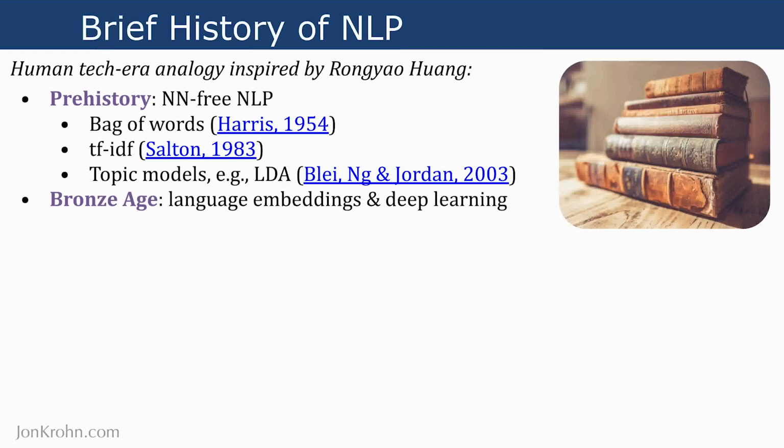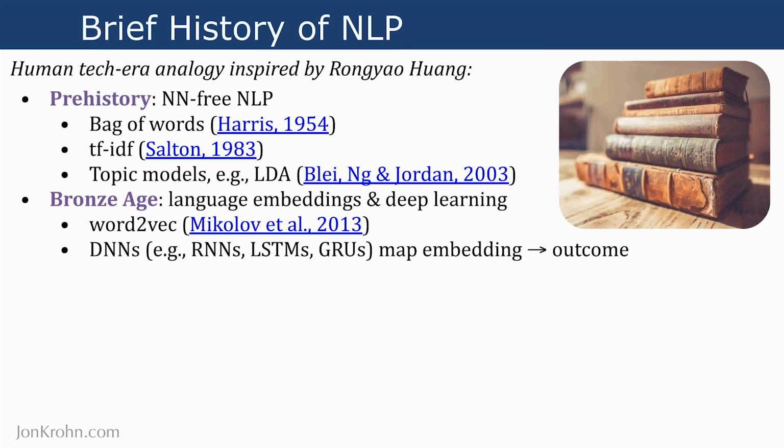This was when we started having language embeddings like Word2Vec, and we started flowing those embeddings through deep neural networks like RNNs, including RNN subtypes like LSTMs and gated recurrent units, and we mapped those language embeddings, often word embeddings, through to some outcome that we are trying to predict. And that worked pretty well. The Bronze Age was a big improvement over prehistory.